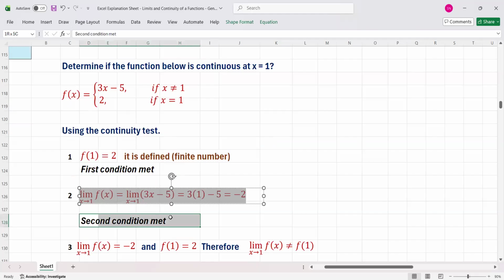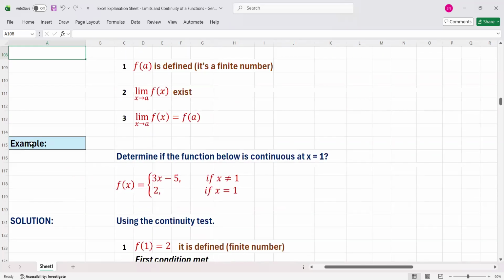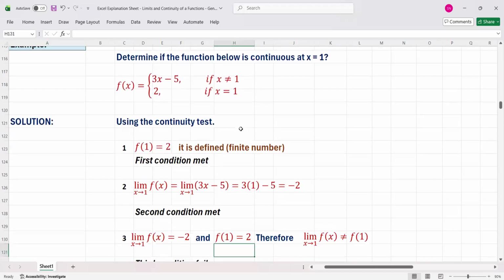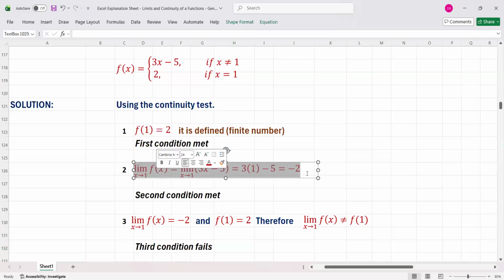The second condition is met. Now, the third one is to compare the limit we have just calculated to the function value at 1. If these values are the same, then we say that the function is continuous at that point. But from what we have done so far, the function at 1 was 2, and the limit as x approaches 1 was negative 2.